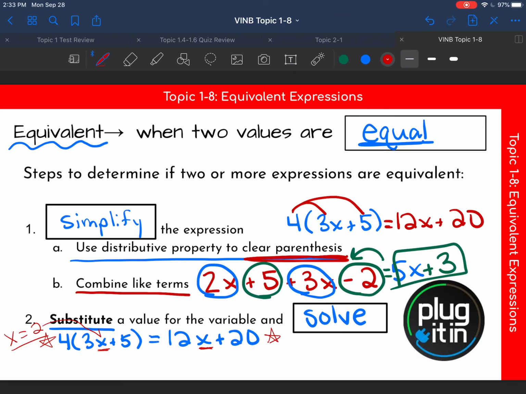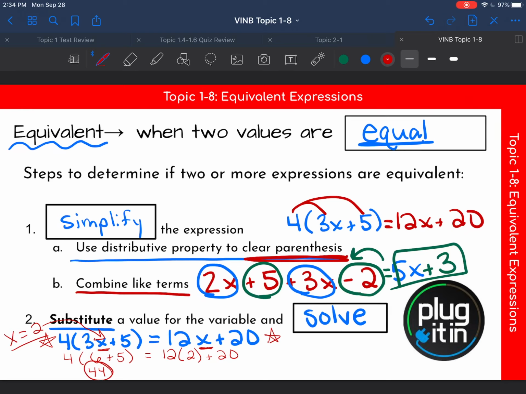I picked 2 for x. So I can plug in 2 for x, and it would be 4 parentheses 3 times 2 is 6 plus 5, equals 12 times 2 plus 20. If we solve this side, 6 plus 5 is 11, and 11 times 4 is 44.